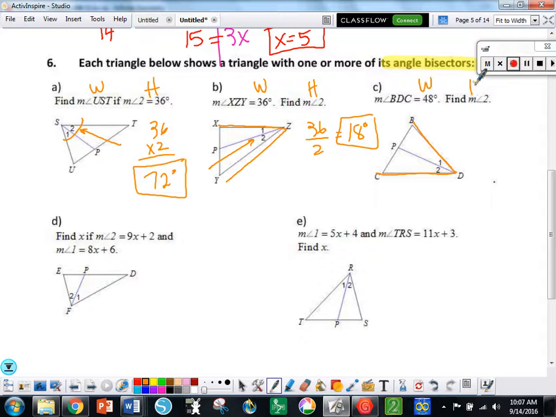If I know the whole and I'm trying to find the half, what do I do? We're going to half it, right? Divided by 2. 43.